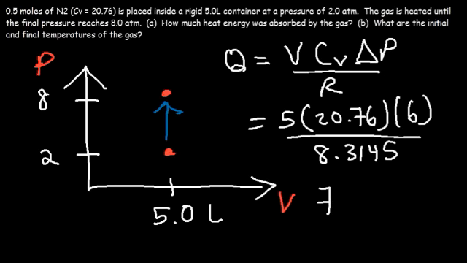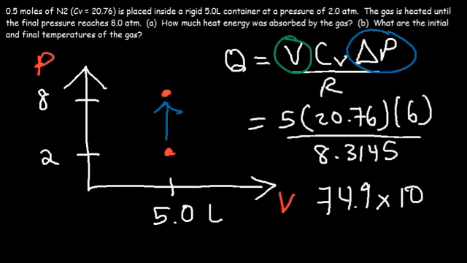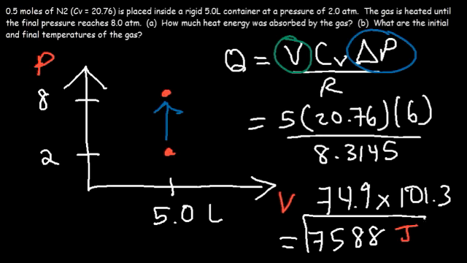So this gives us a value of 74.9. But V has the units liters, P has the unit atm. So we need to multiply this number by 101.3 to convert it to joules. So the answer is about 7,588 joules. So that's how much heat energy is absorbed in the process.